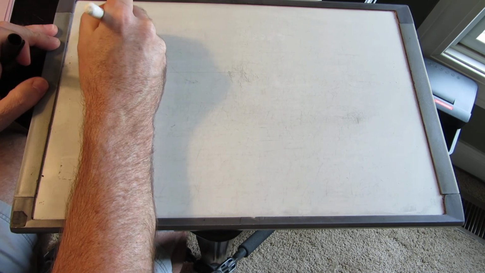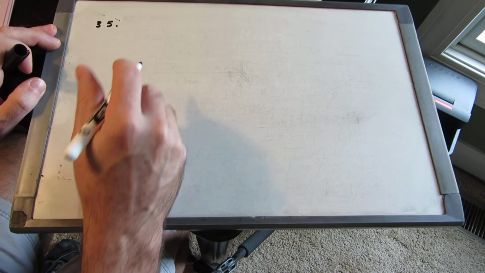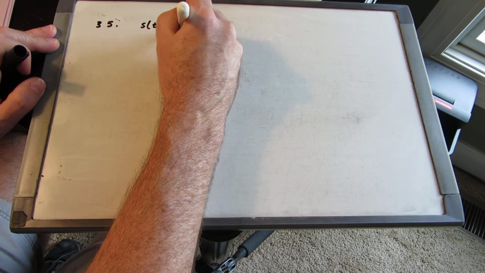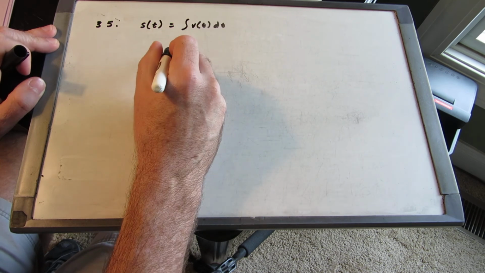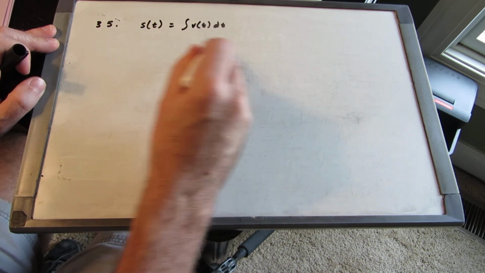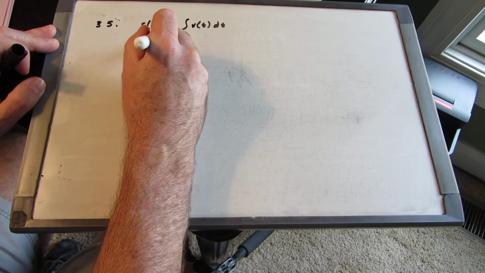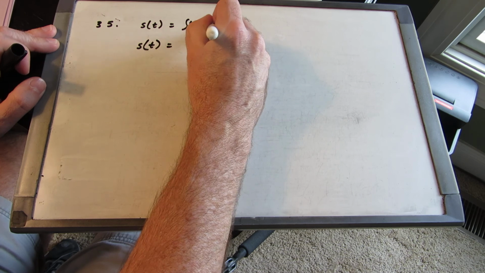Okay, this one you really just got to remember to use the absolute value when you want to know total distance. So s of t, we're going to integrate v of t dt. To get a total distance, because this thing can be moving back and forth like that, you have to do the absolute value.